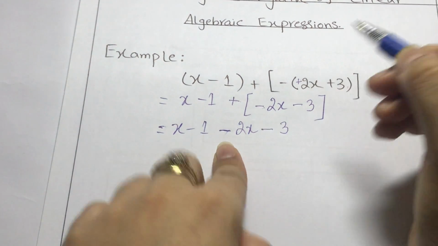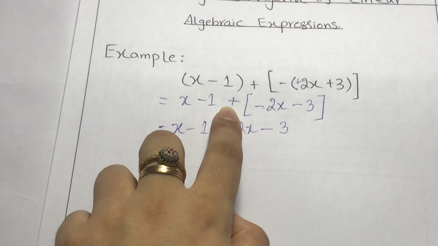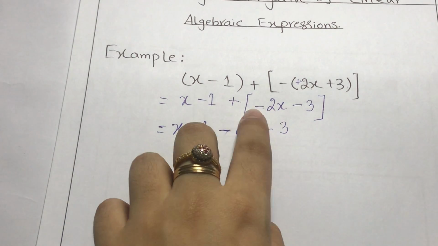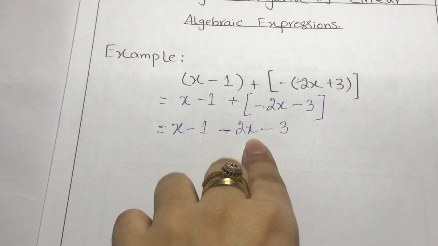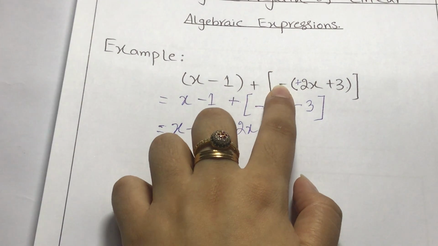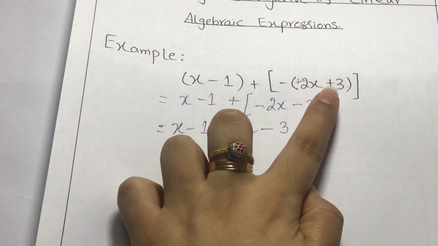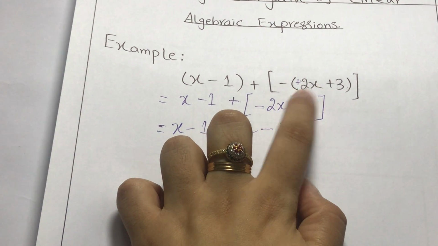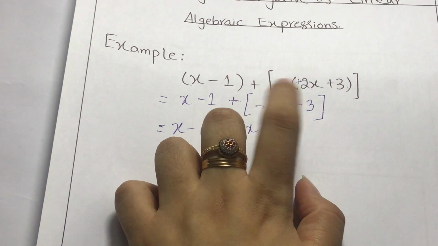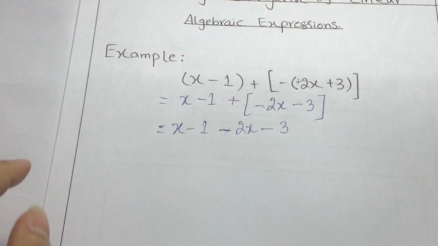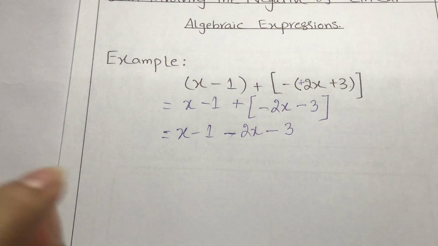You can see if there is a positive sign outside of the bracket, there will be no change inside the bracket, but if there is a negative sign outside of the bracket, it will change all the signs inside the bracket. Positives will be negatives and negatives will be positive, right?